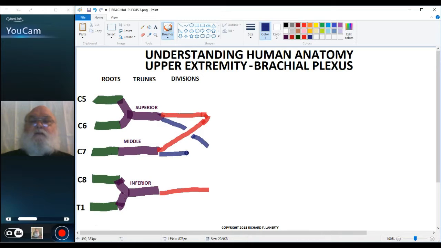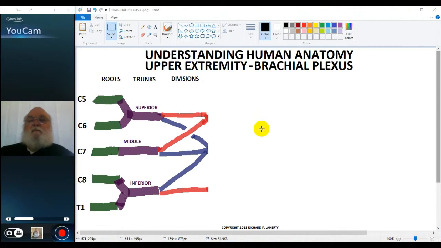And the posterior division of the middle trunk will then move forward, and then the posterior division of the inferior trunk will run superiorly to join together with the other posterior divisions. So each trunk has an anterior and a posterior division.